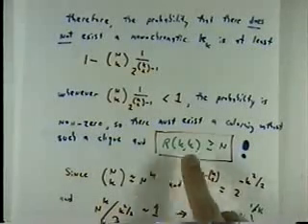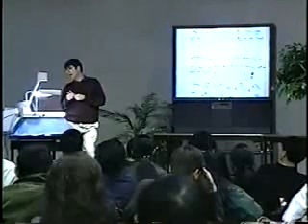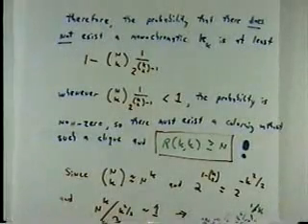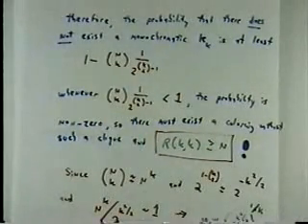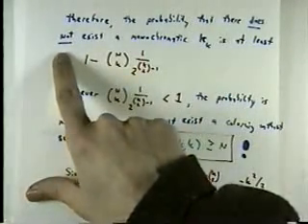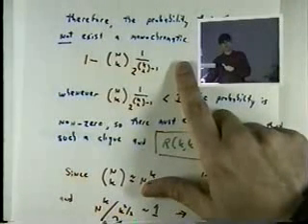Now, for a given value of n and k, if I randomly color the thing, the probability I do not get such an event is at least this.